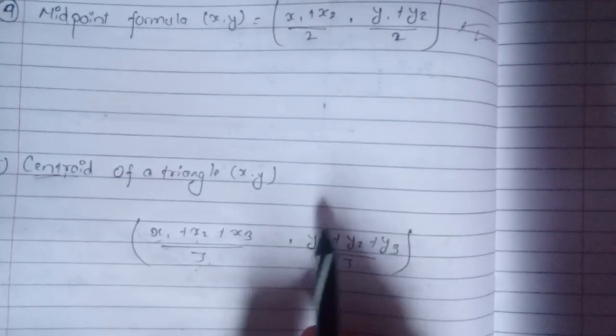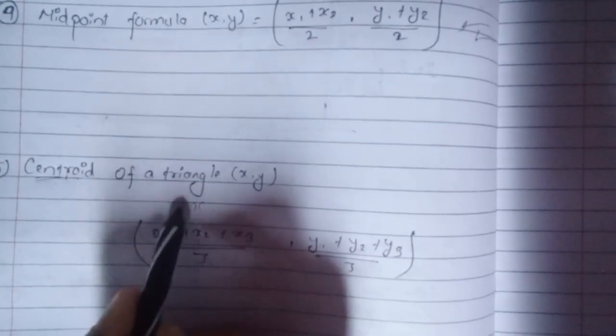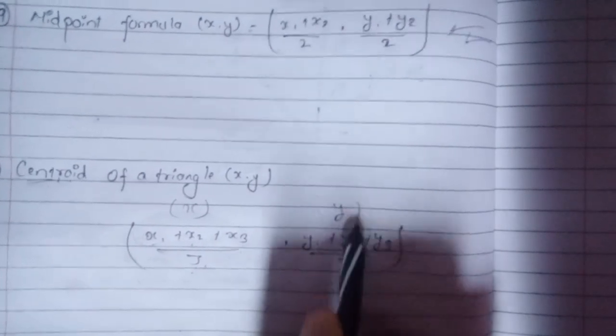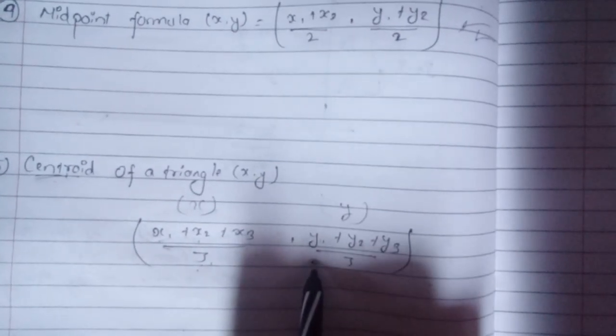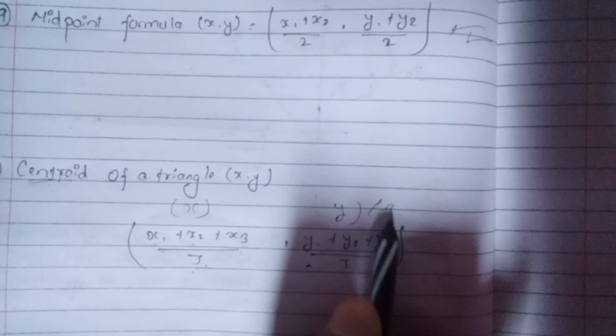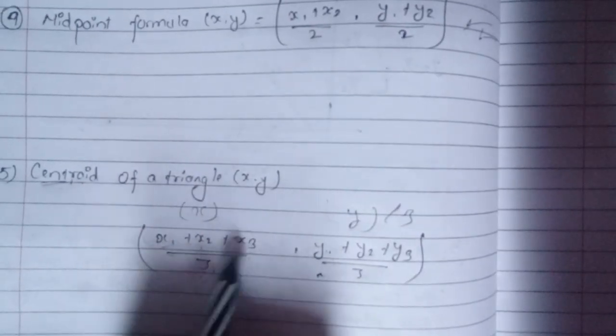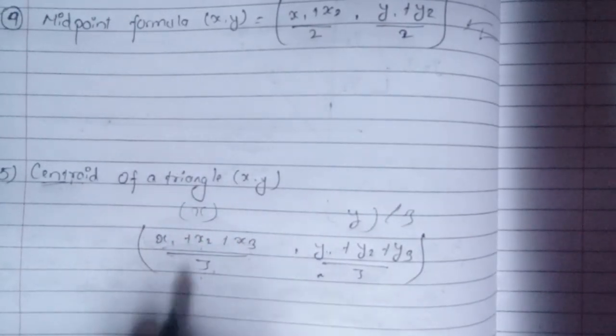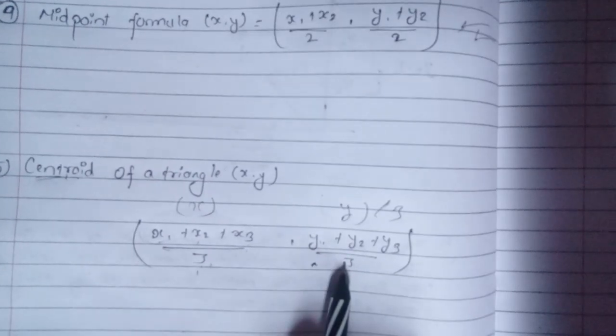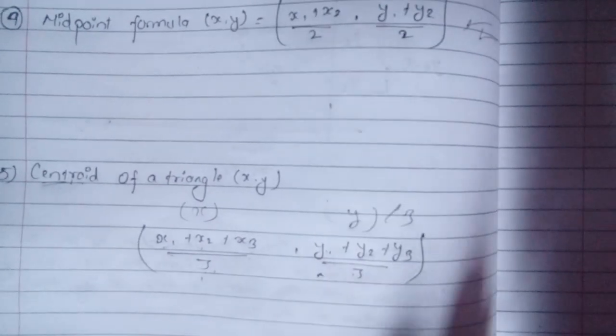The sum of the three x points should be divided by 3, and the sum of the three y points should be divided by 3.